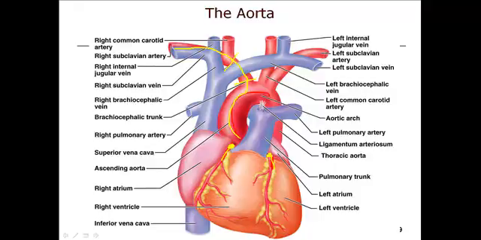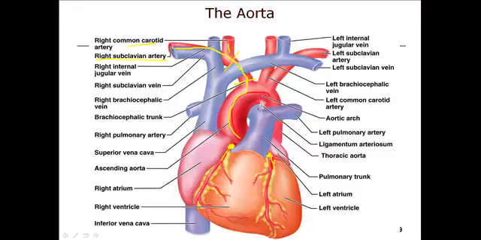Okay? The first branch that comes off of the brachiocephalic will be the right common carotid artery. Right here. Okay? Then this changes its name now. It's going to be the right subclavian.